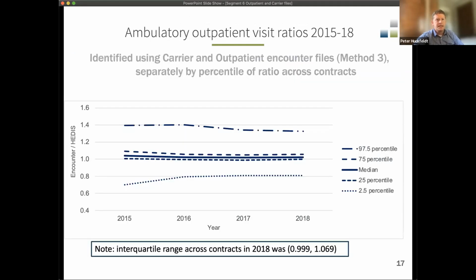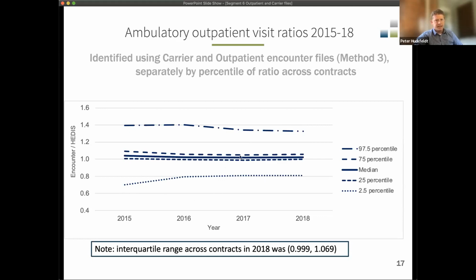Then we looked at, using method 3, how these ratios changed over time. What we plot here is the encounter to HEDIS ratio over time by the percentile across contracts. The top line is the 97.5th percentile, and the dotted line is the 2.5th percentile.